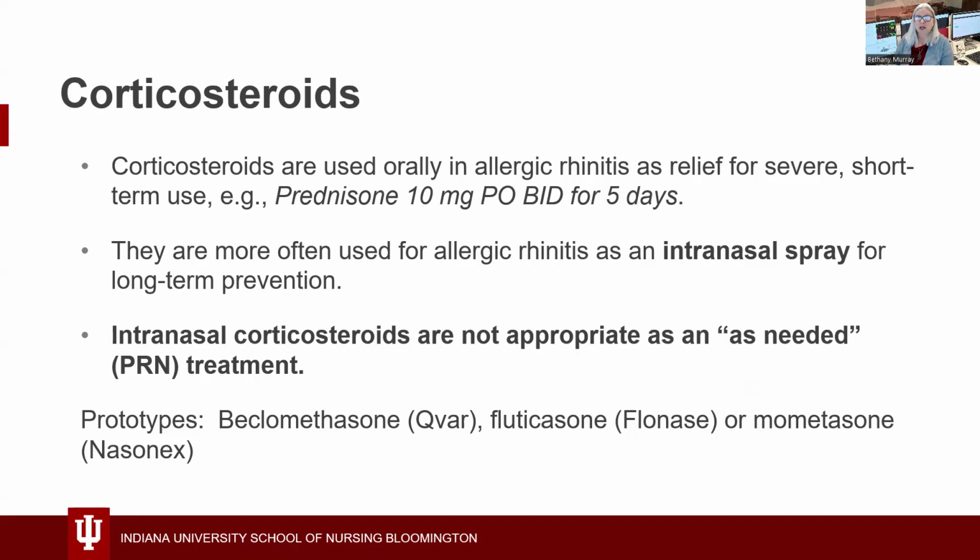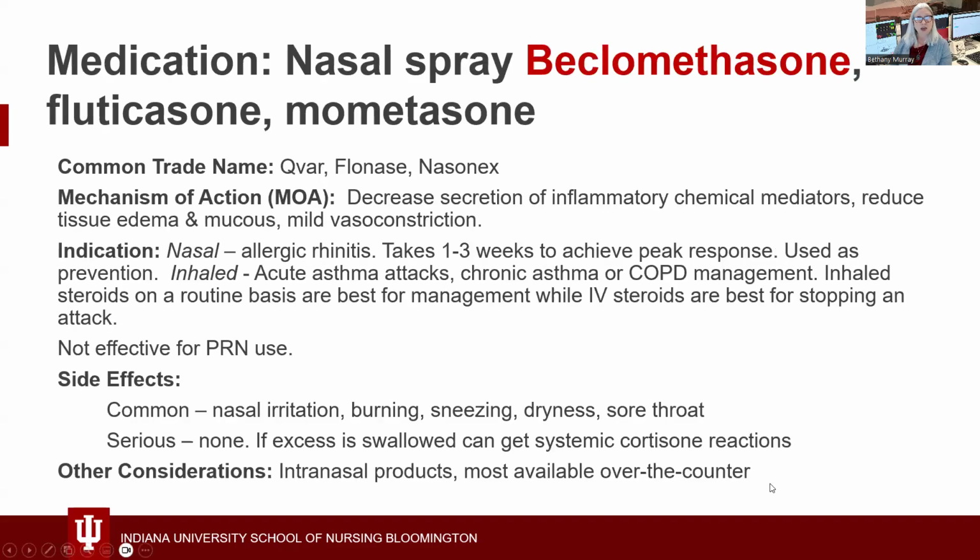So we have several inhaled intranasal corticosteroids. It is important to note that inhaled corticosteroids are not appropriate for PRN use because they don't provide any immediate release. The medications we're looking at here are things like beclomethasone, fluticasone, and mometasone. You might recognize those as Flonase, Nasonex, and one also called Q-Bar.